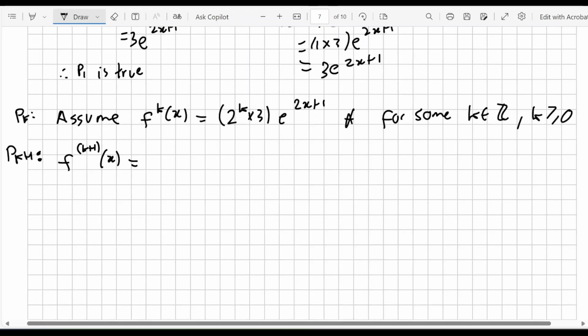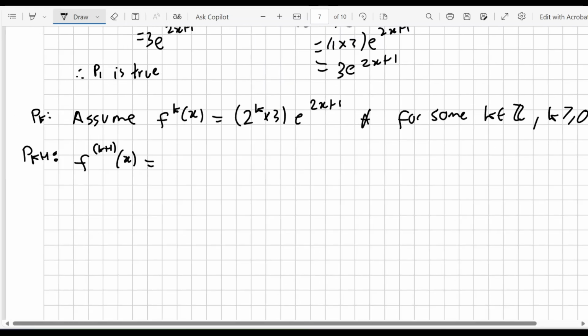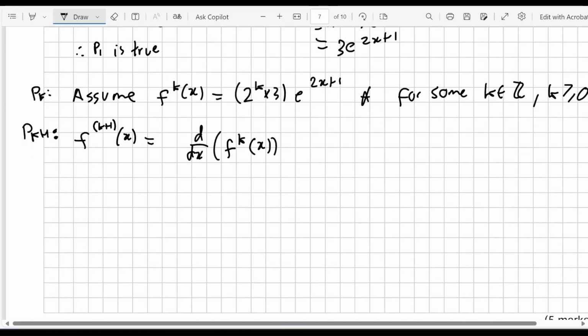Now, there are 2 different notations that you can use for this. One way is by writing d over dx of fk of x, and that's probably the more preferred method.